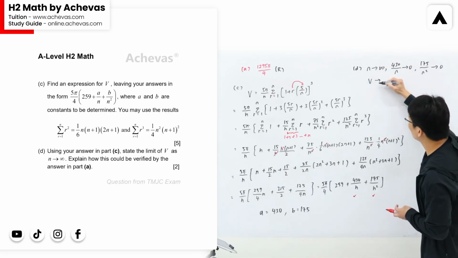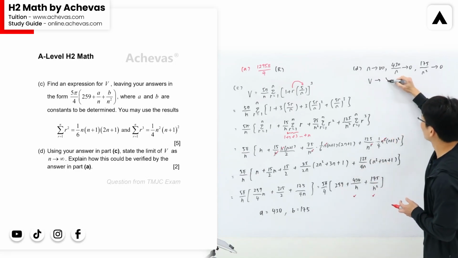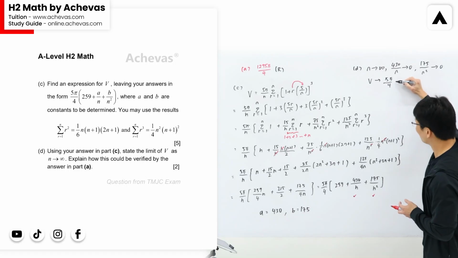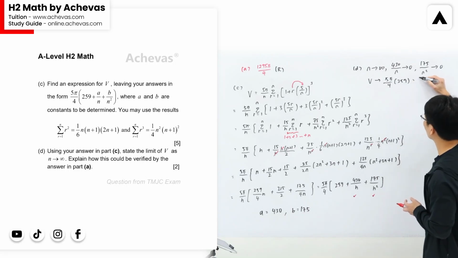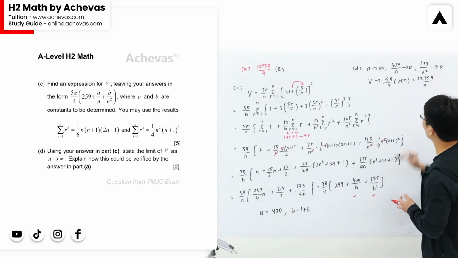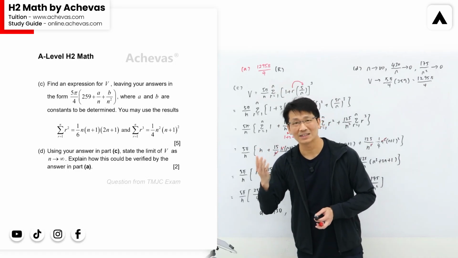So eventually, V will tend to whatever is left, which is 5 pi over 4 bracket 259. If we expand this, I'll end up with 1295 pi over 4, which is very good because it's synchronized with part A of our answer.